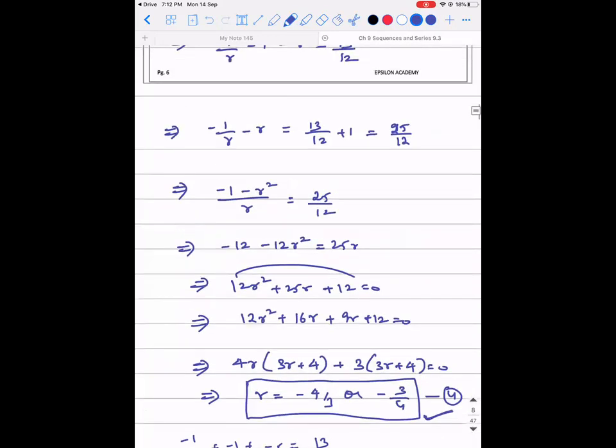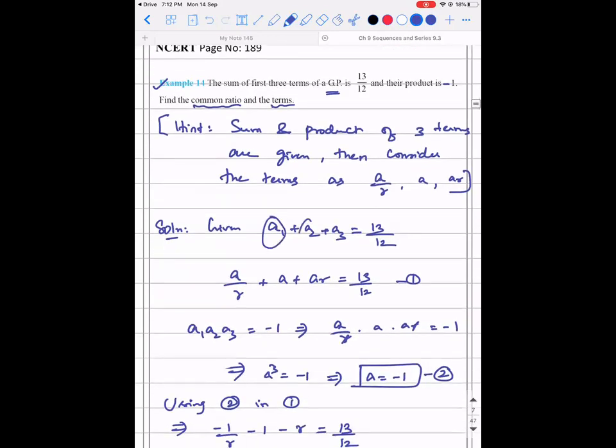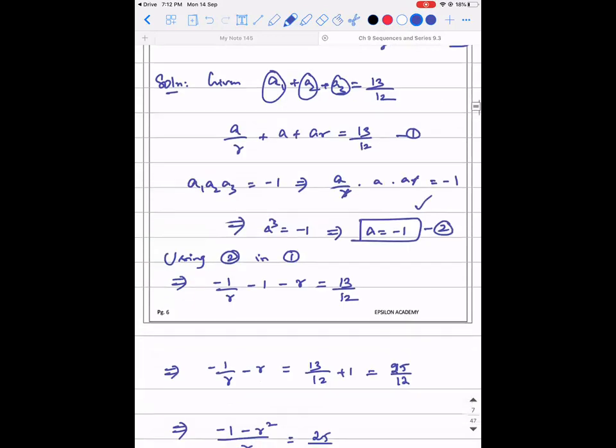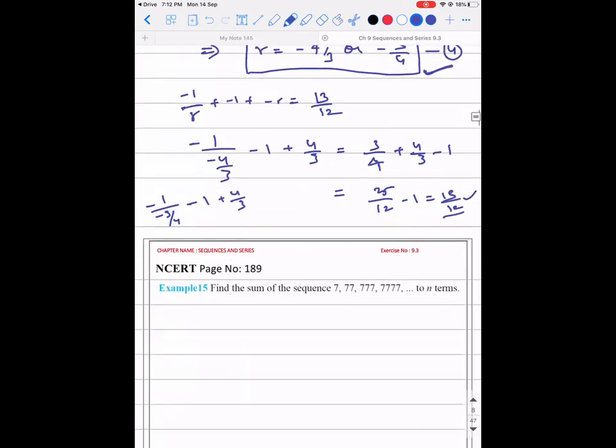And they've asked what are the terms as well. So terms, how will you find? A1 is A by R, A2 is A, and A3 is AR. You have A as minus 1. Use minus 4 by 3 in the place of R once and use minus 3 by 4 in the place of R the other time. So you'll get two sets of terms, right?